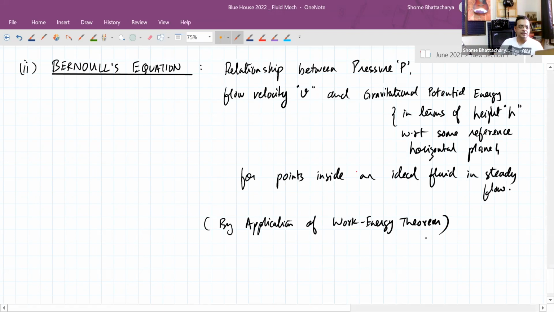By applying that, we'll establish a relationship between pressure, flow speed V, and the height of a given point inside the fluid with respect to some common reference horizontal level. So we'll be relating these three parameters, P, V, and H. Let's see how we are going to do that next.